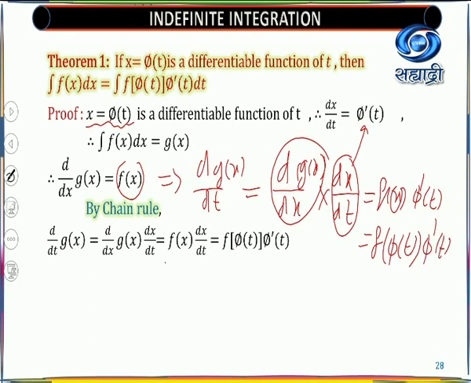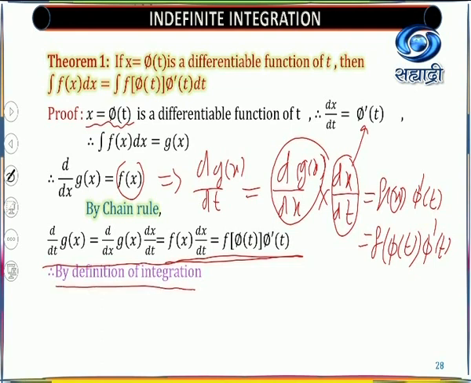Hence this step, look here, gives you d by dt of g(x) equal to f of phi of t, phi dash of t. But what is d by dt of g(x)? That value will enter here. So that is nothing but, by the definition of integration, the antiderivative.